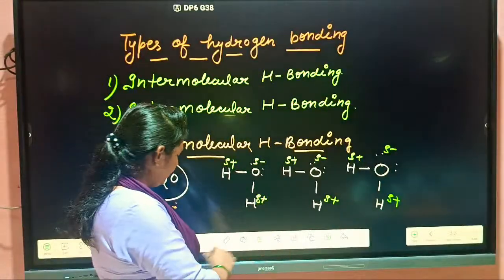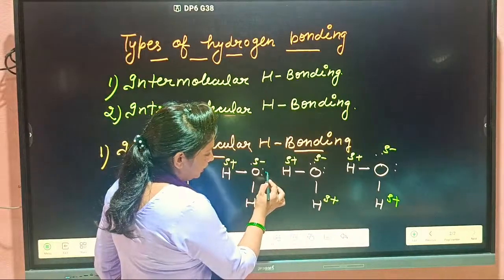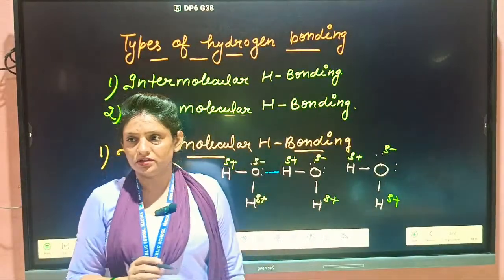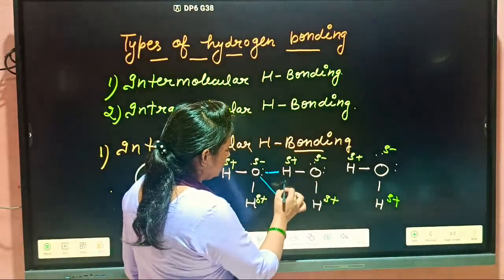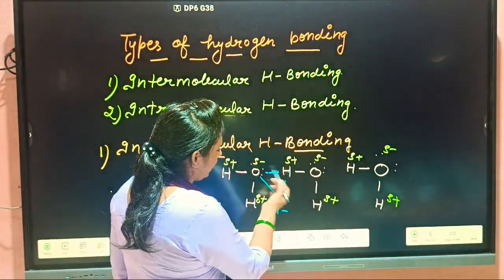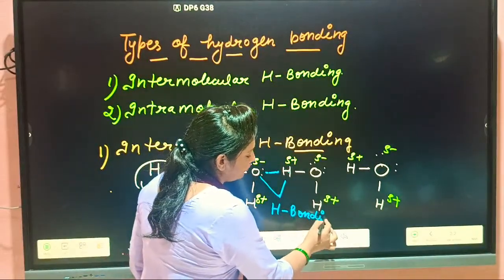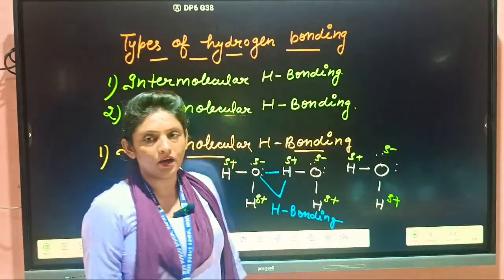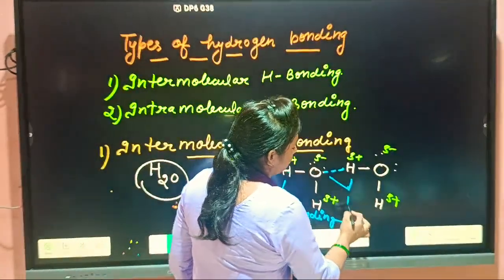Then between these molecules, dipole-dipole interaction takes place, and due to this interaction they form the bond between hydrogen and the more electronegative element. So they form a hydrogen bond between them. This is also a hydrogen bond.